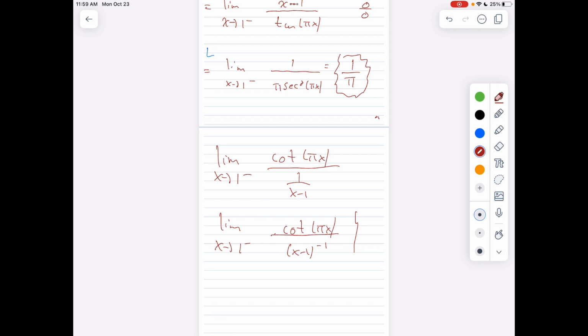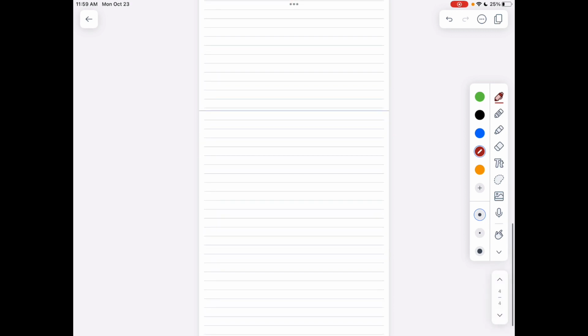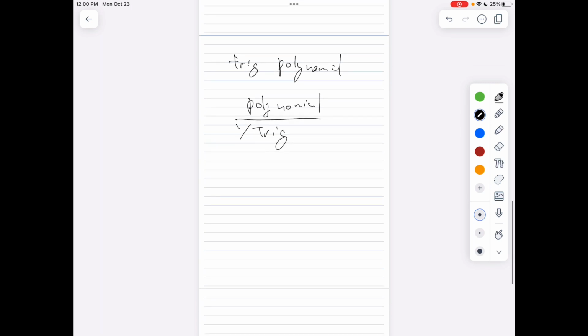And in general, we don't have set rules, but when you have, for example, a trig function and a polynomial that you're taking the limit of, usually having the polynomial on top over 1 over the trig is a pretty good choice.